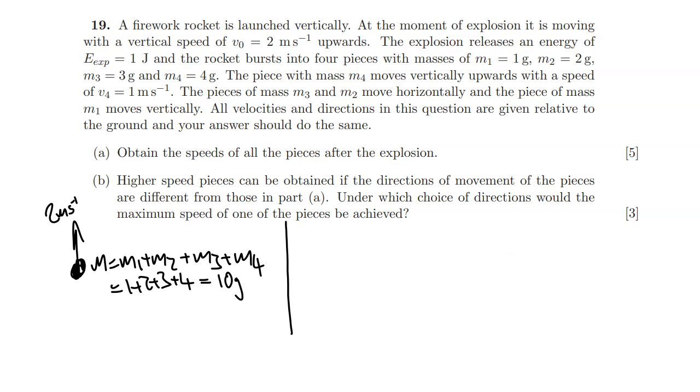Next, let's think about the pieces that move vertically. First, we are told that M4 moves vertically upwards afterwards, with a speed of 1 meter per second. We are told that M3 and M2 move horizontally, so let's leave that for now.